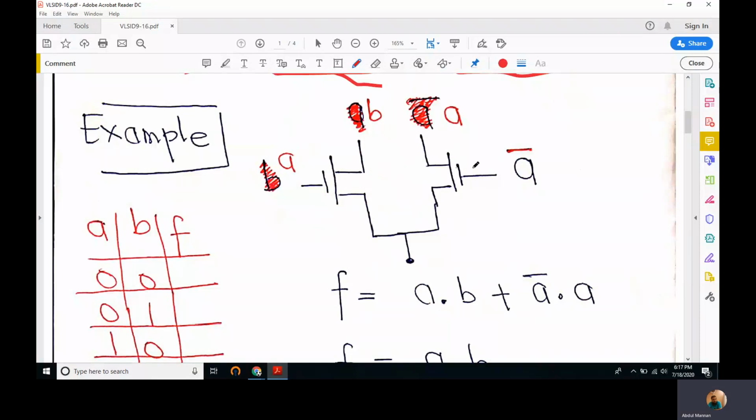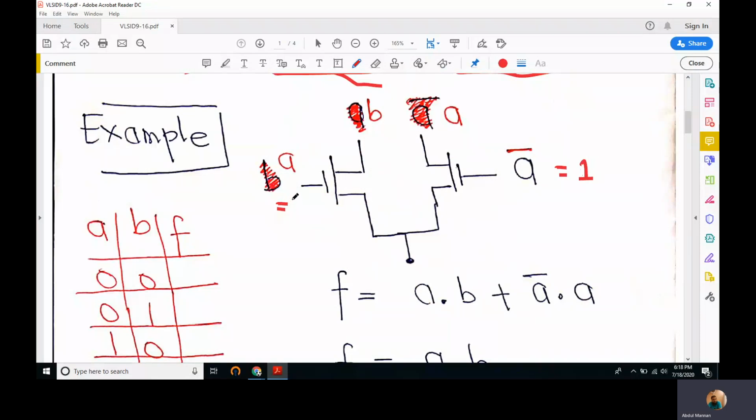This right branch has a gate logic that is the complement of the logic implemented here, the complement of A. This ensures that when A is 0, this is a logic 1 and this is logic 0.